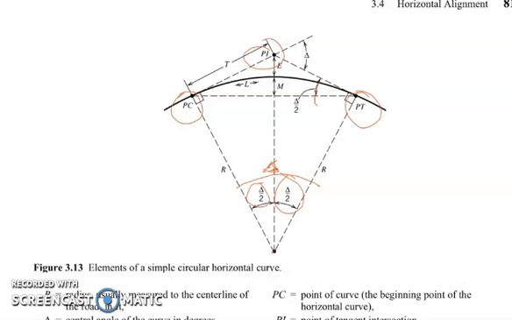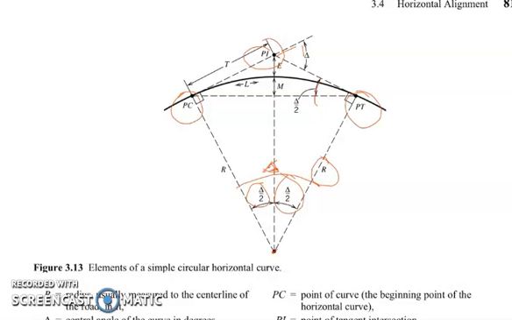From the center towards PT, and from the center towards PC, that is our radius, denoted by R. The angle between the two tangent lines is denoted by delta, which is also equivalent to our central angle.